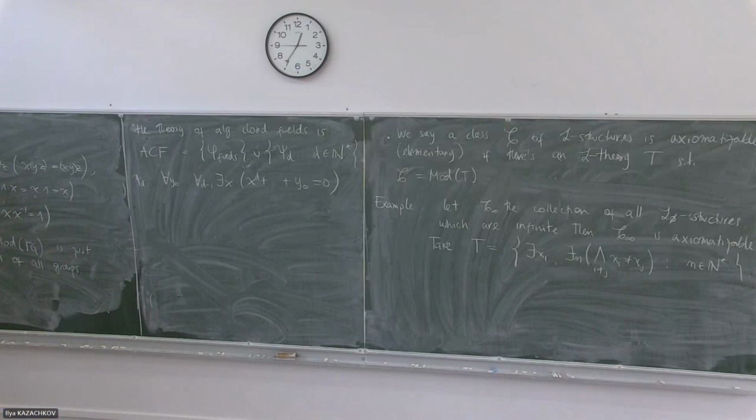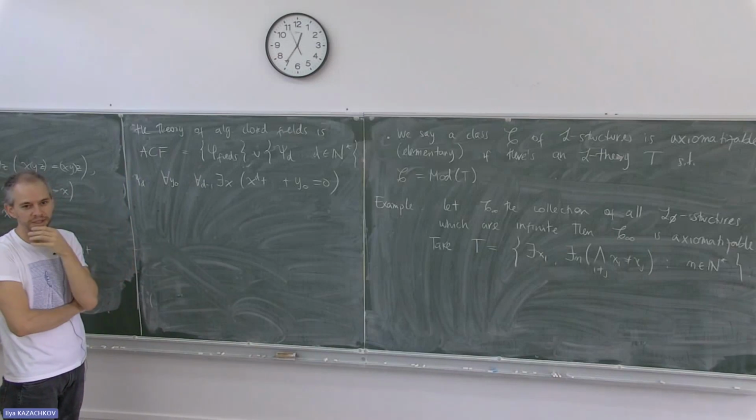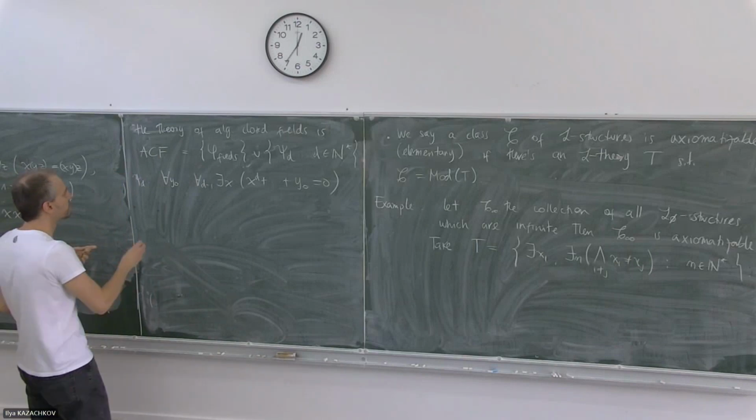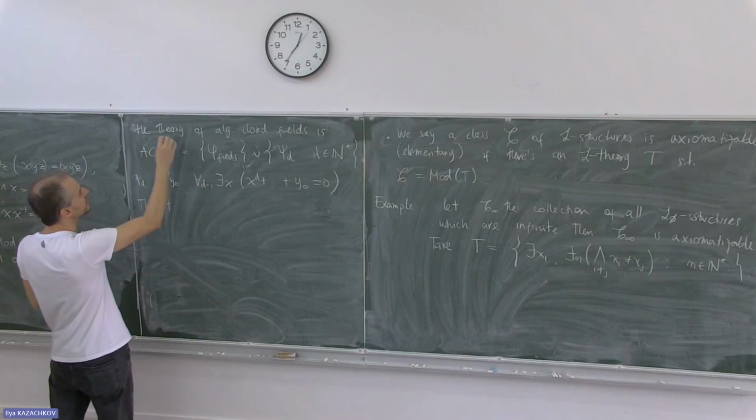Now, we can also say perhaps something about the characteristic, right? How can I, for example, just take fields of a fixed characteristic? Is this axiomatizable? How? Of course, this is an L theory.